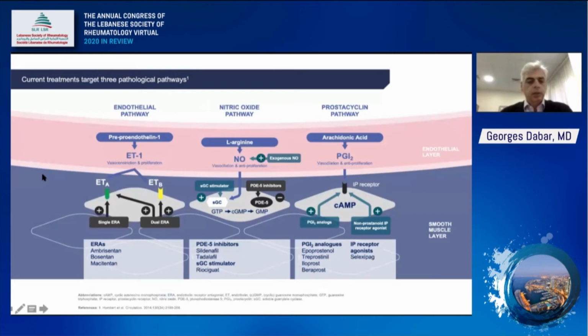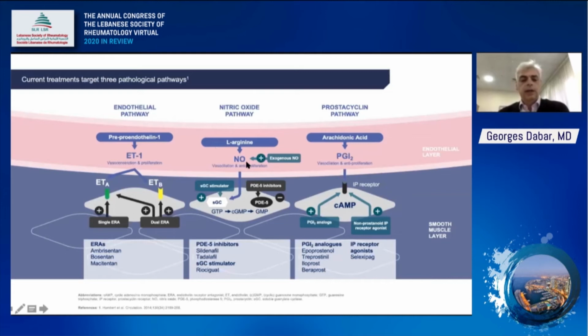The endothelin pathway acts on endothelin, and we use endothelin receptor antagonists, and the family of medication used is ambrisentan, bosentan, and macitentan.